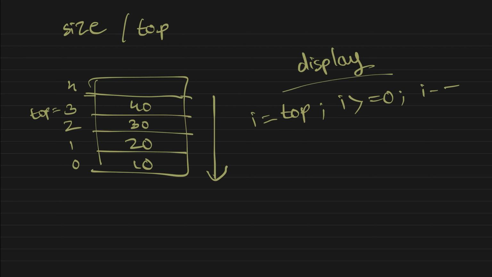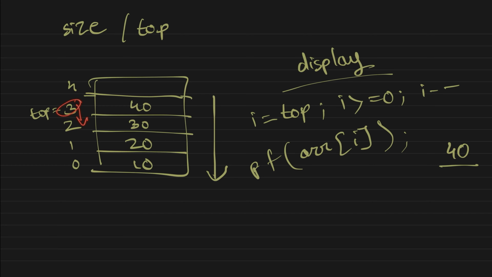What I can do is just print the value of array of i. So here printf, let's say, array of i. So first my top value would be, let's say, 3, then my i will be what? 3, and array of 3 would be what? 40. So first 40 would get displayed, and then i minus minus, from 3 I would come to 2.